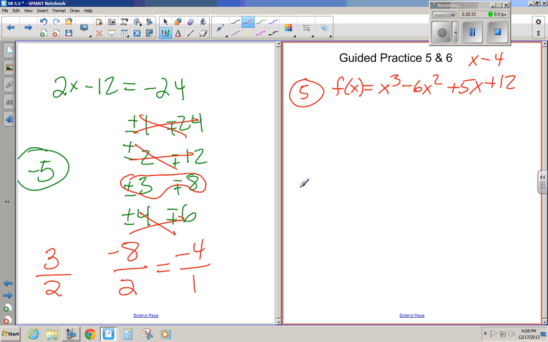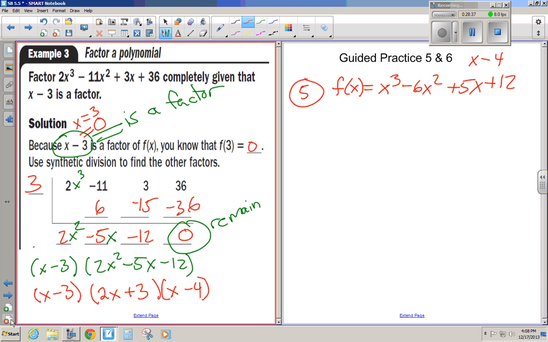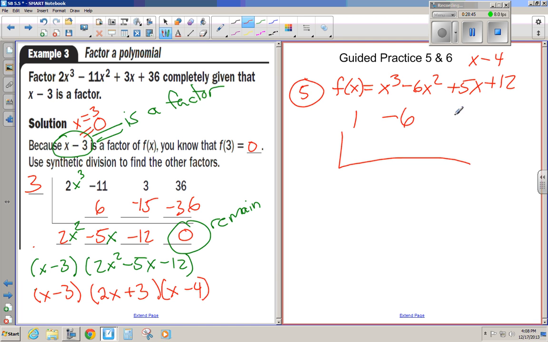Like we have here, we need to set up the synthetic division, put the coefficients across the top, and this is the key. Whatever you're dividing by, or whatever you are choosing as a factor, you say, what makes this equal to 0?